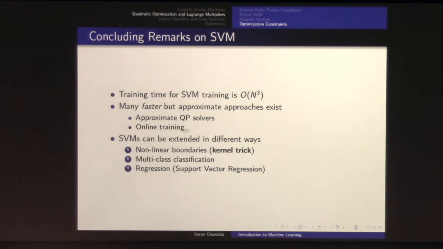And as I said, one reason SVMs are so powerful is because they allow all these kernel tricks. So it's a classic case of a kernel machine. It allows learning non-linear boundaries. Fantastic. You can also extend it for multi-class classification.